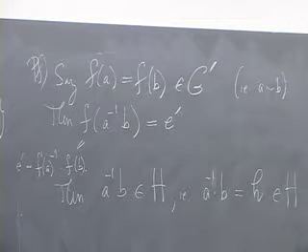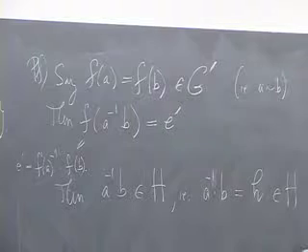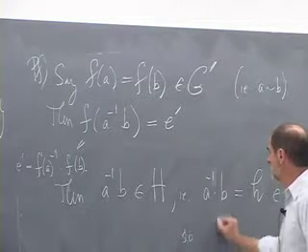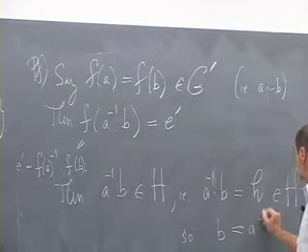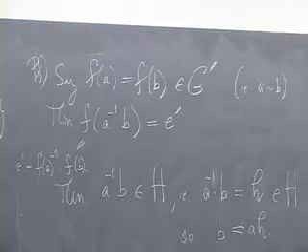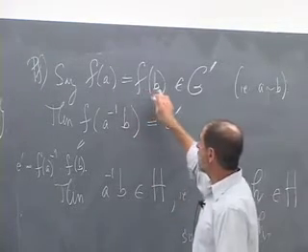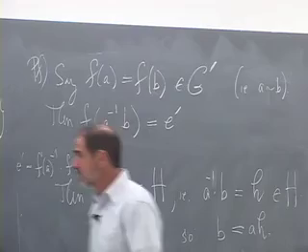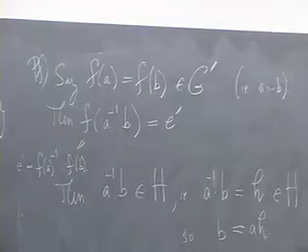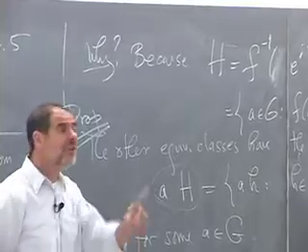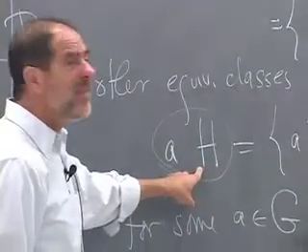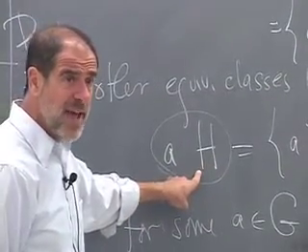Now multiply both sides by a on the left, so b equals ah. So if I have an element equivalent to a, it lies inside of this set. Conversely, if I have anything in this set, it's equivalent to a.